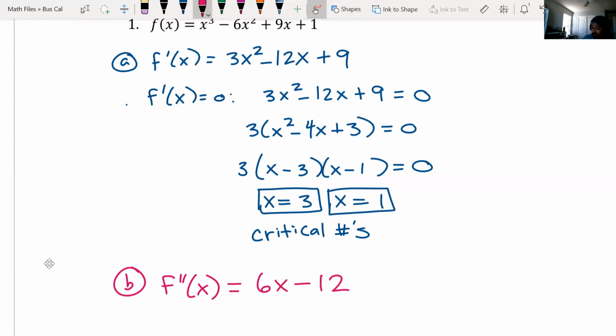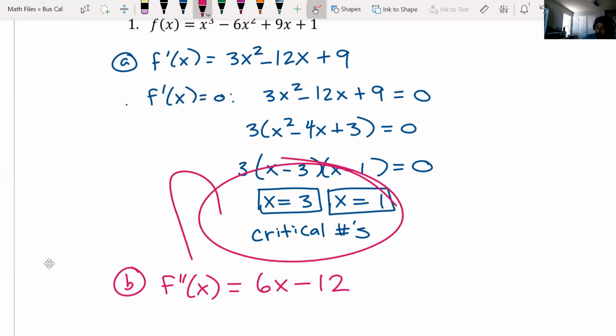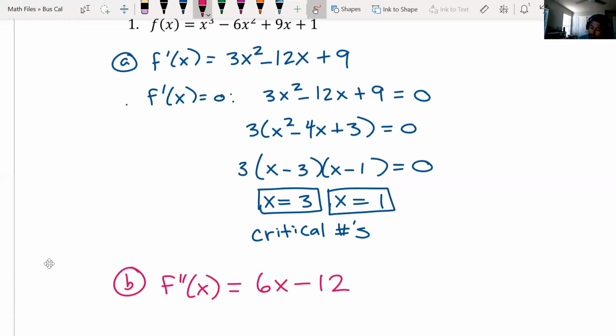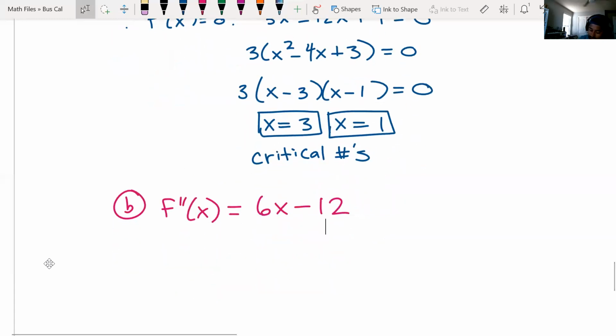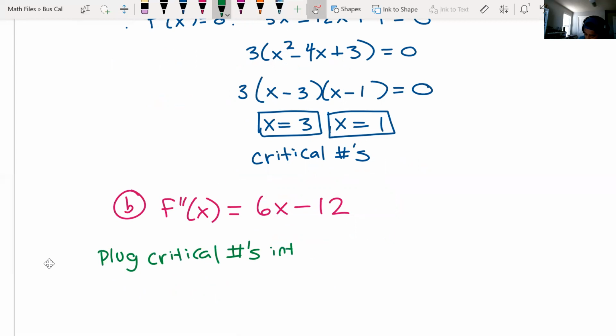What we're going to do next is take these critical numbers and plug them into the second derivative. And let's hope we don't fail. I'll say plug critical numbers into second derivative.